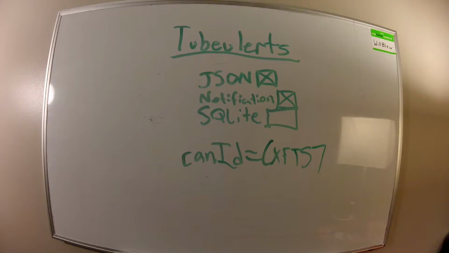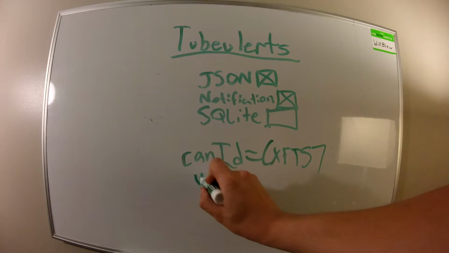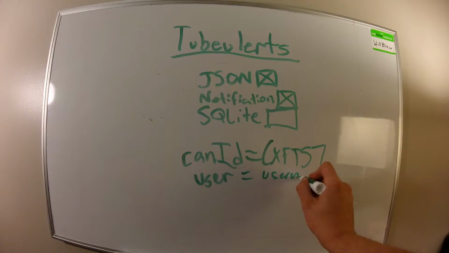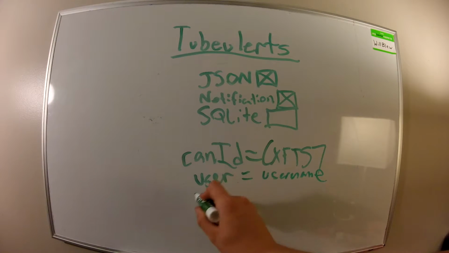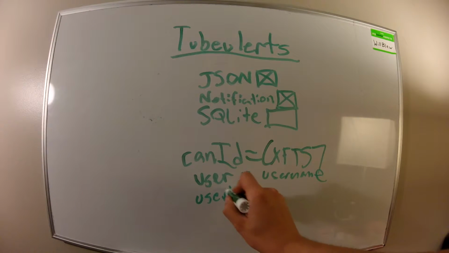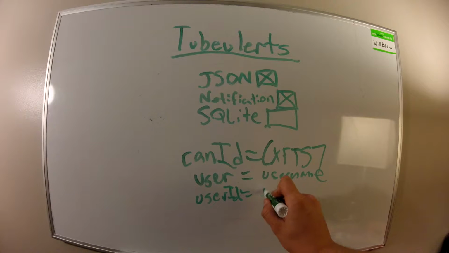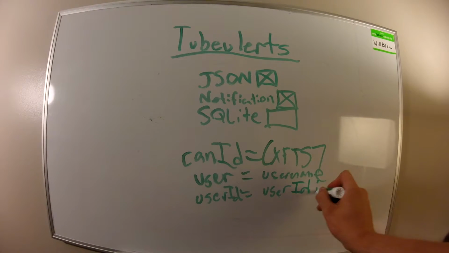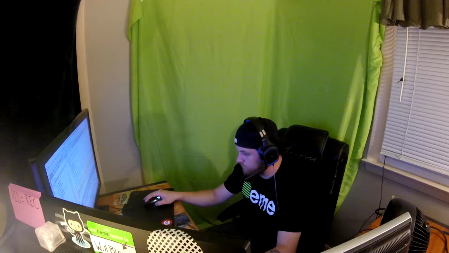But old accounts have a user. And it looks like you can't just say user equals and then username. Or user ID equals user ID. Here, we'll do that. You can't do any of those things.